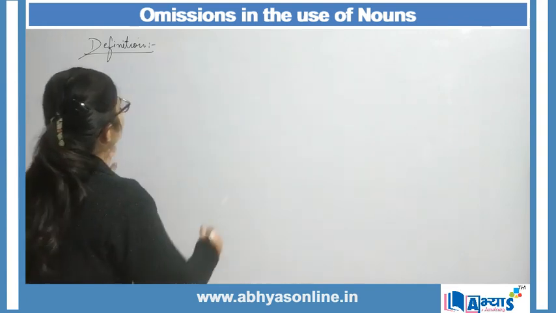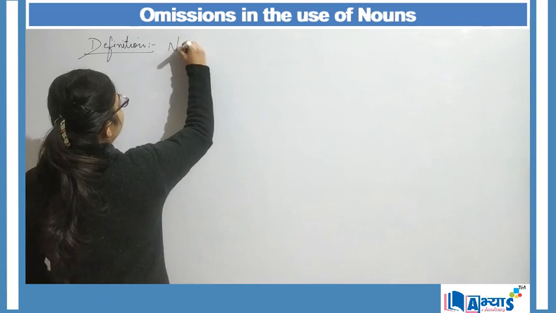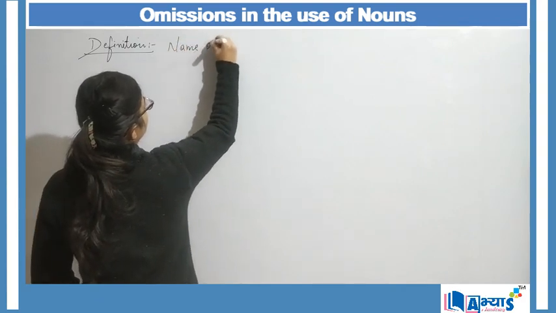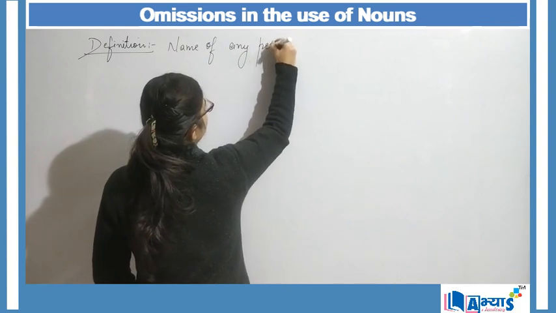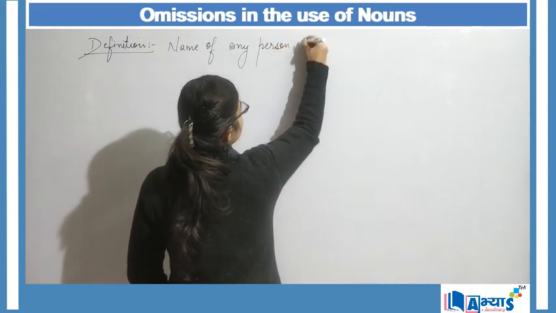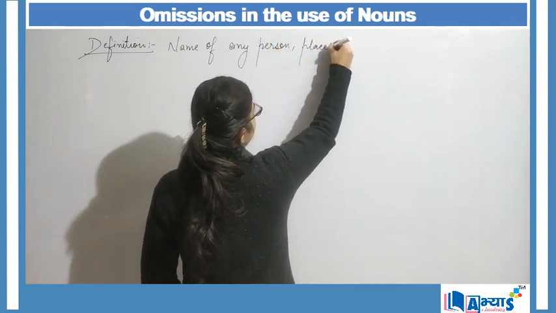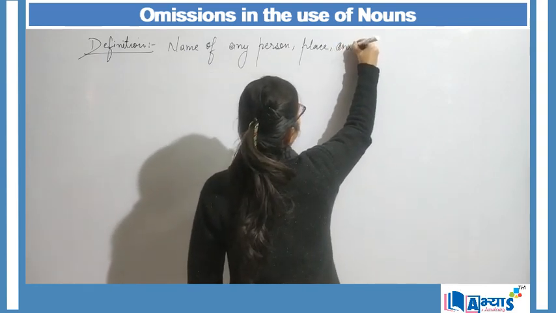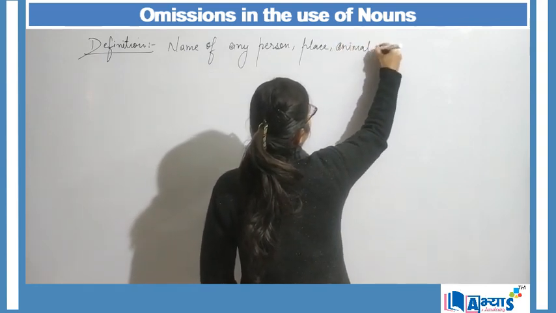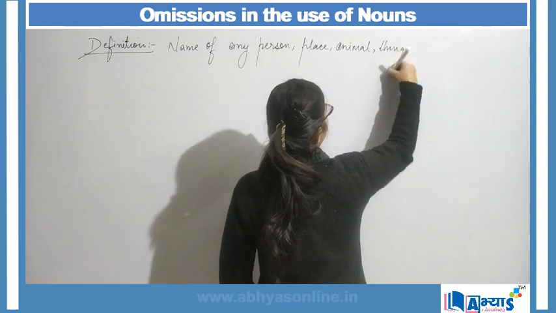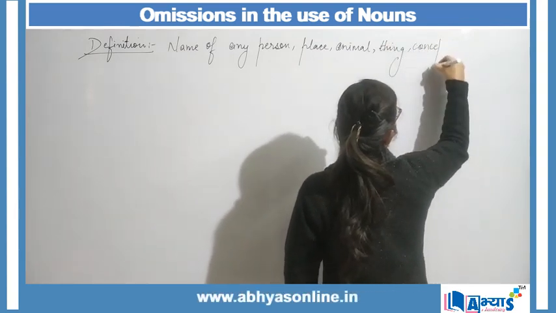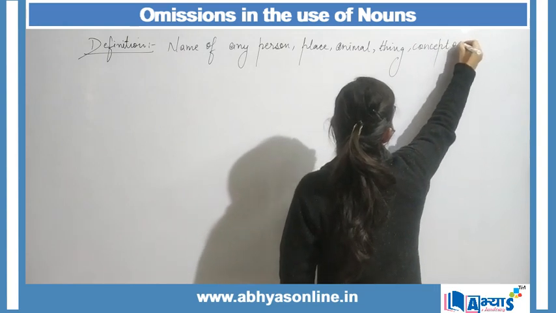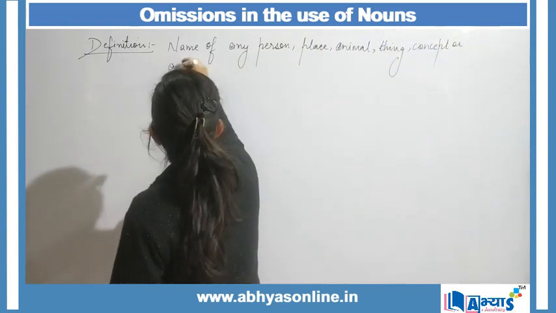A noun is the name of any person, place, animal, thing, a concept, or a feeling.